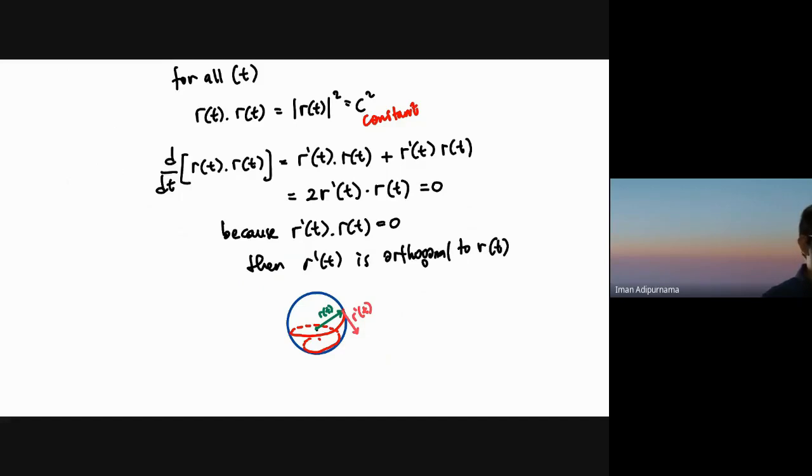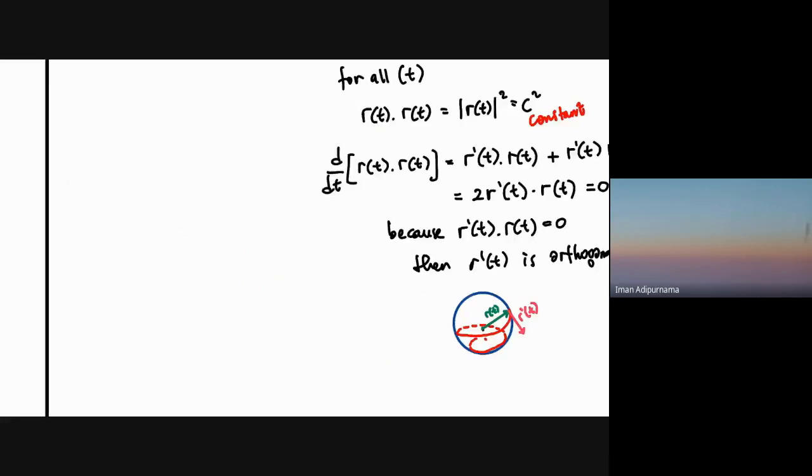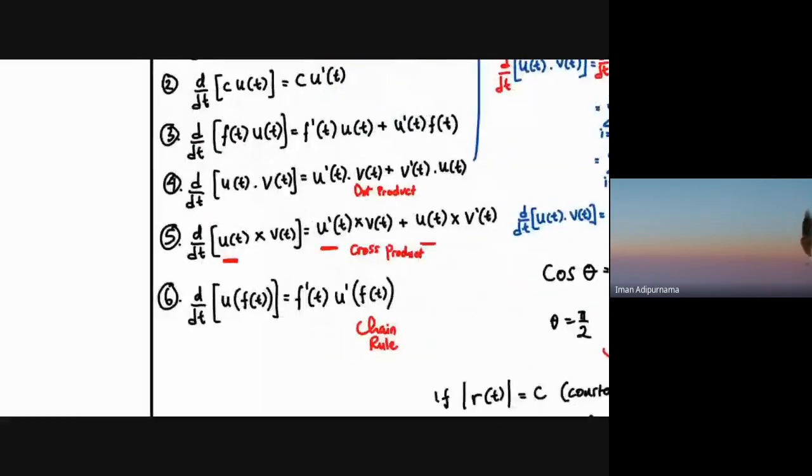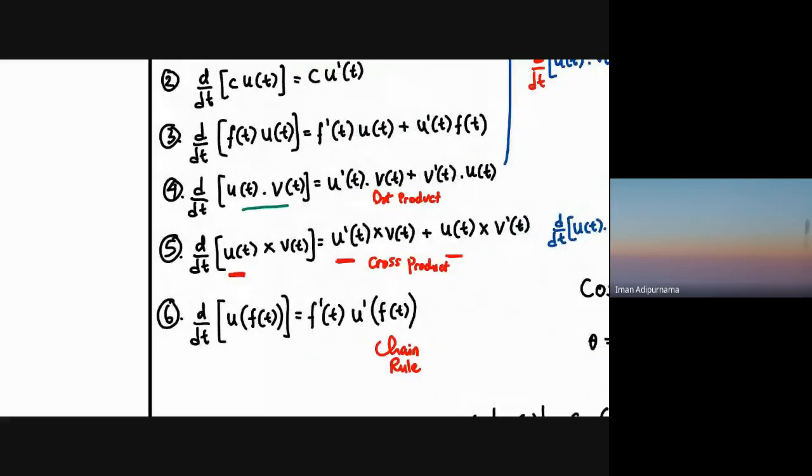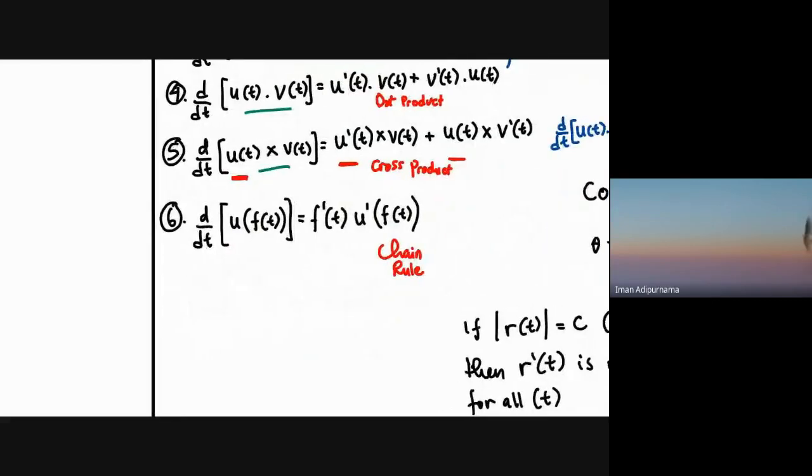And my suggestions for the dot product and the cross product, okay, if we look at here, we have dot and cross. So my suggestions, but it's up to you also.